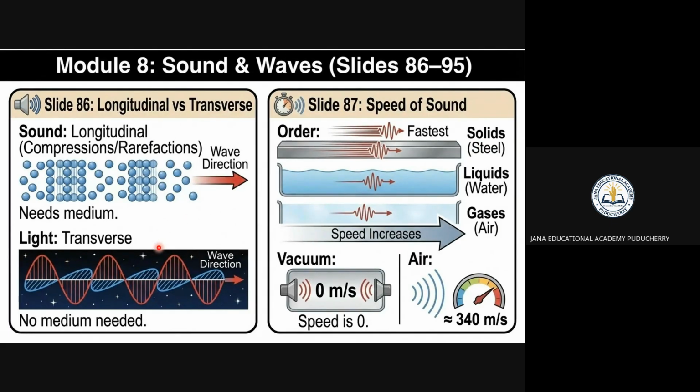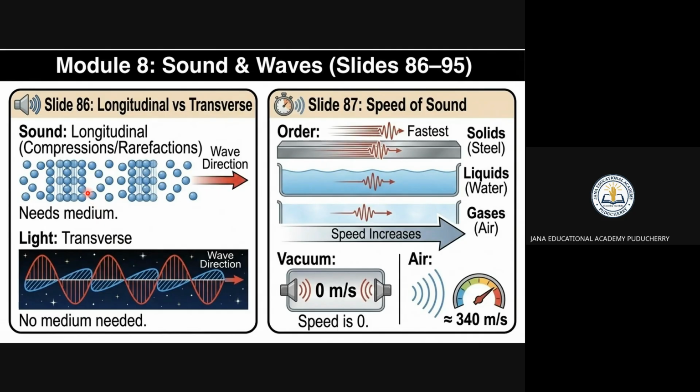When it comes to transverse waves, the particles vibrate perpendicular. You can see it is like an oscillation, like 90 degrees, here also 90 degrees. Here the wave direction is like that, so it is perpendicular. Particles vibrating perpendicular to the direction of wave propagation is nothing but a transverse wave.